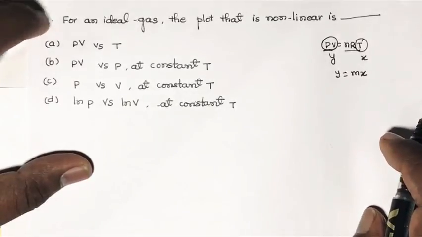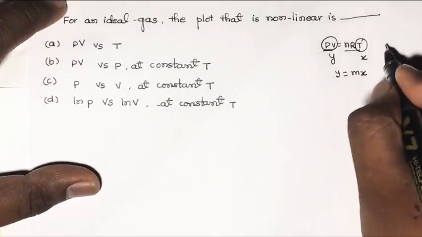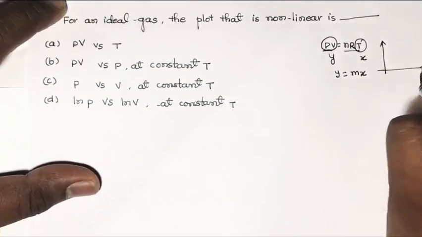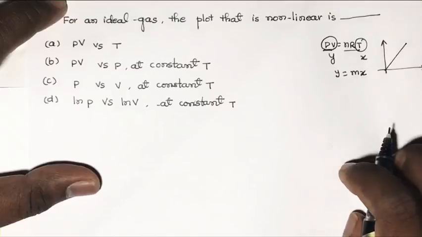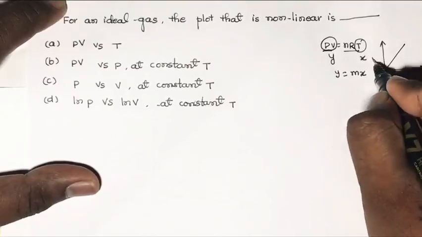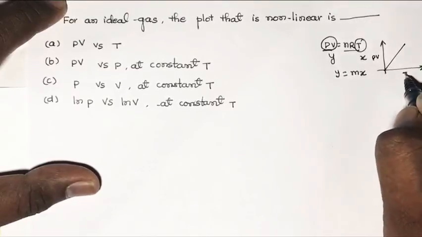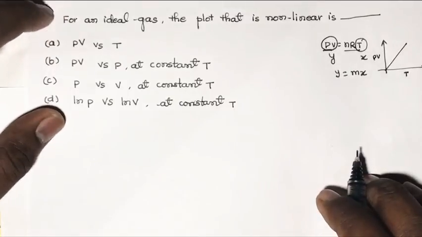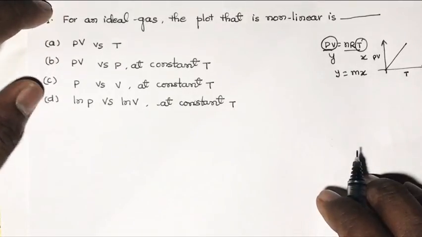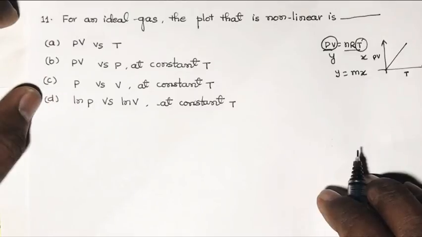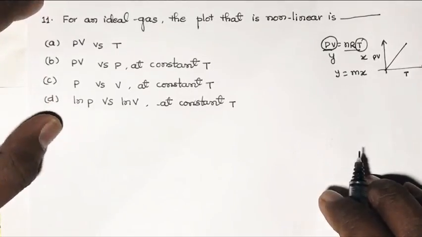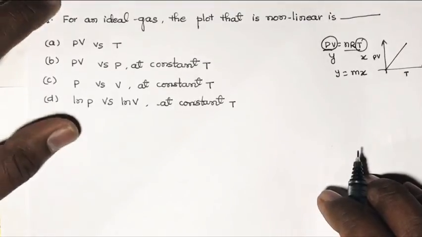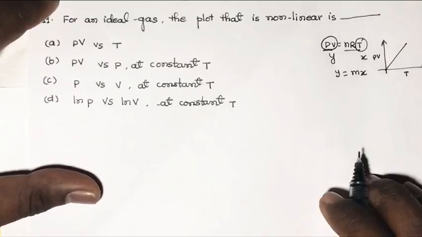So this is the graph of Y equals mx, which will be a straight line passing through the origin. So this will be PV and this will be T. So in the first case the graph is linear, but we have to find which graph will be non-linear. So A will not be our correct answer.